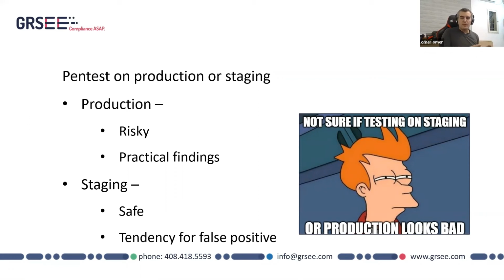All of that accumulates to the fact that the report you get from the pen test will reflect the security posture of staging and not the production environment. So hopefully it's similar, but if there are differences, you need to take that into account and be able to differentiate the results.